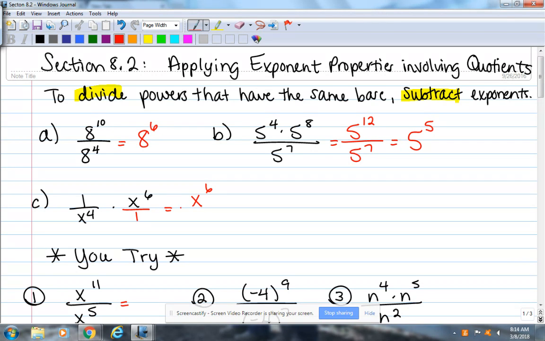X to the 6th. Multiplicative identity property. And x to the 4th times 1 is what? When you multiply fractions, you go straight across. And now they're divided, so what do we do? Subtract, and I get what? X squared.